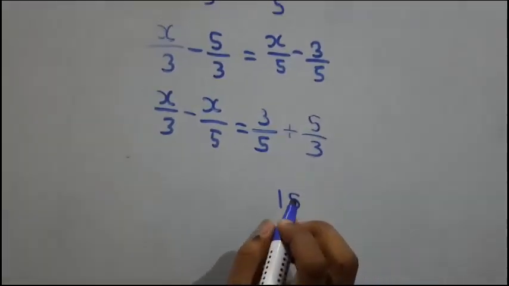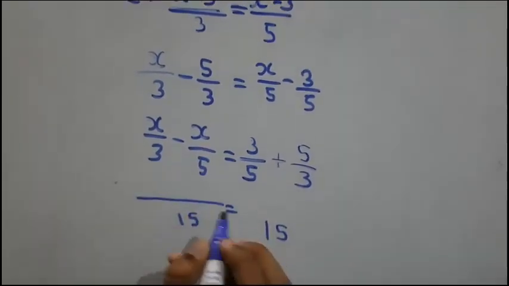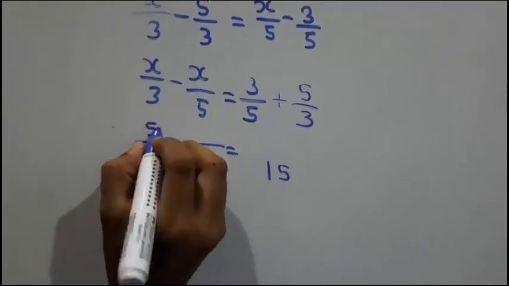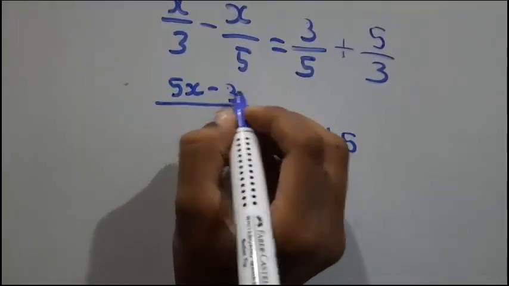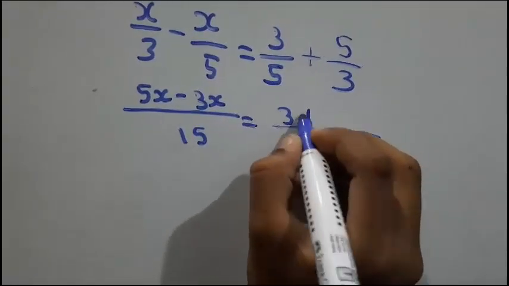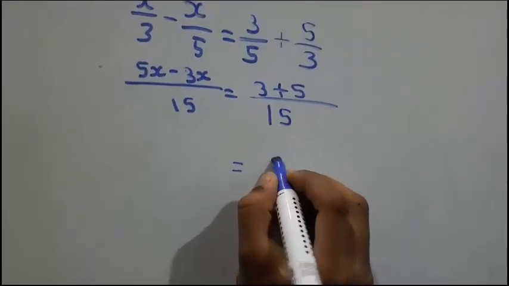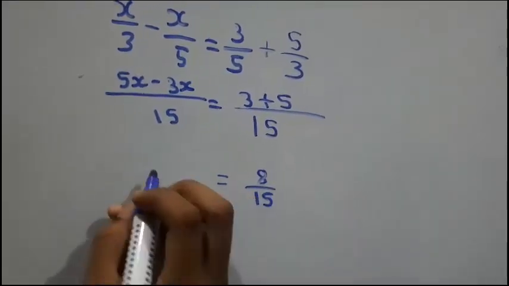5 and 3 LCM is 15. This one is 15. 5x minus 3x by 15 equals 9 minus 25 by 15.